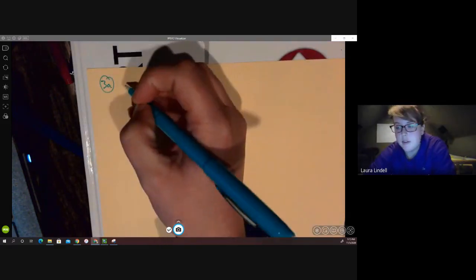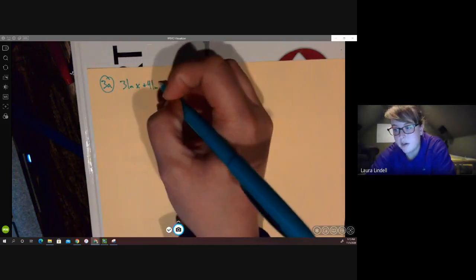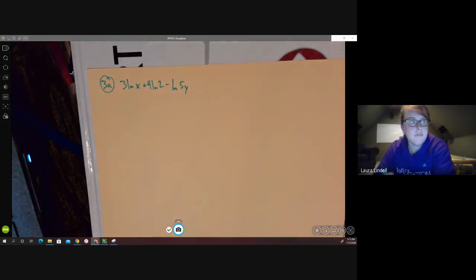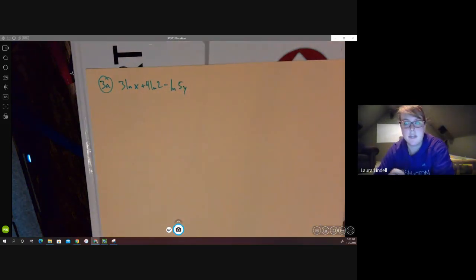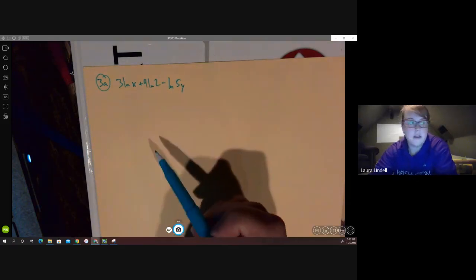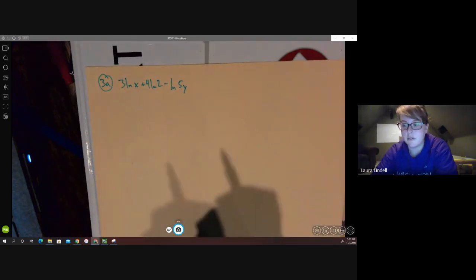3a, we're condensing 3 natural log of x plus 4 natural log of 2 minus natural log of 5y down into being in terms of a single log. So first we notice that yes, all of these are natural logs. So since they're in the same base, we can start working here.